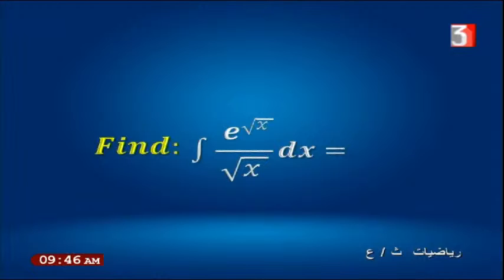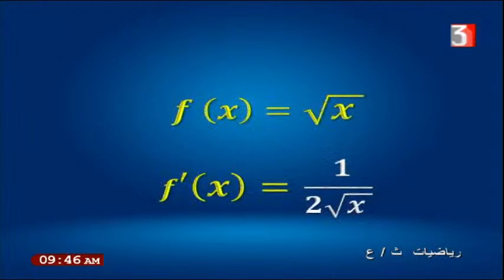Another example, find the integration of e power root x over the square root of x dx. Here the power is root x and the derivative of root x equals 1 over 2 root x.